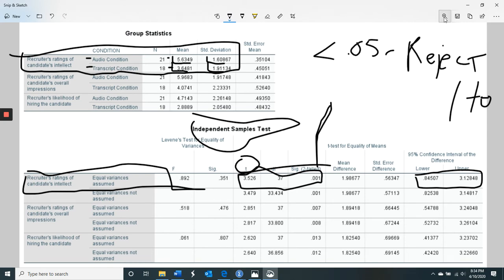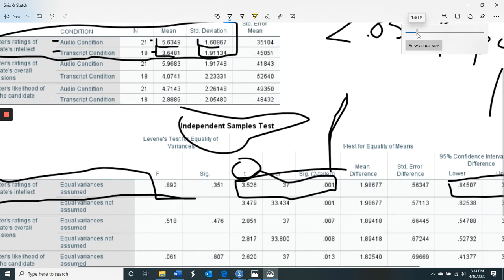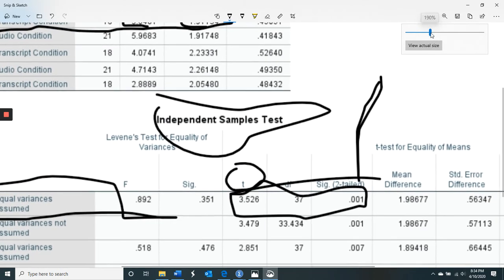So comma, I'm going to make this bigger so you can see it. We'll have to make it smaller in a bit for the confidence intervals. Comma, t, parentheses, 37. That's the degrees of freedom.